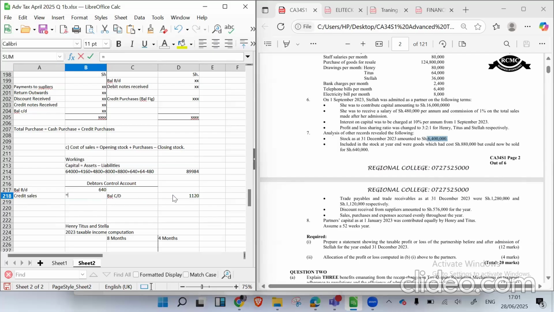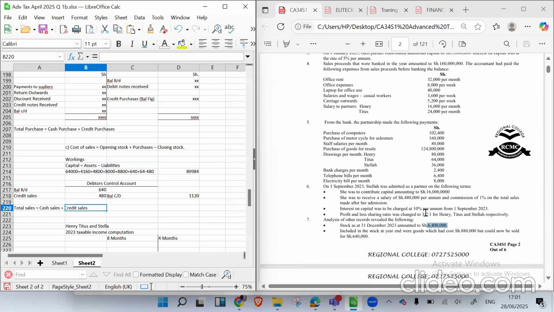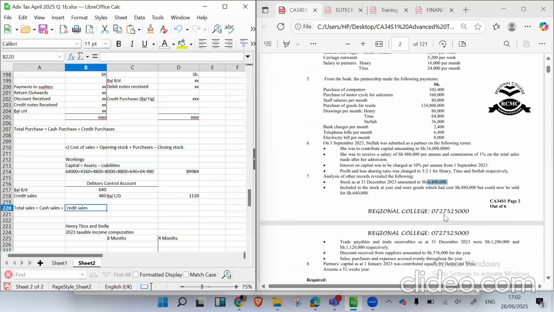So credit sales becomes the balancing figure, this minus that. And you appreciate that total sales would be equals to cash sales plus credit sales. Our cash sales hatujapewa popote, so it is 0 plus 480. So which equals to 480?